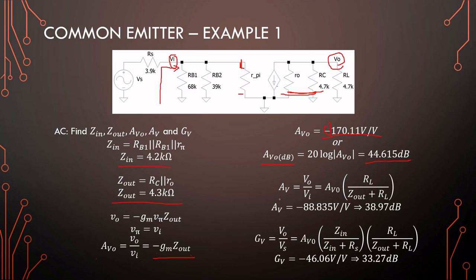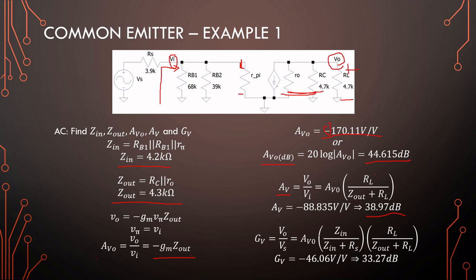From here, we can find the loaded gain. So we just take the maximum gain multiplied by the output loading factor, which is the load over the load plus the output impedance. So plain voltage division, we want to see what is on the load. And we can see that there is a drop in our output.